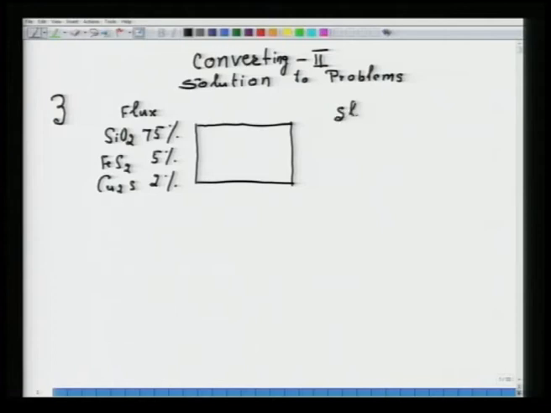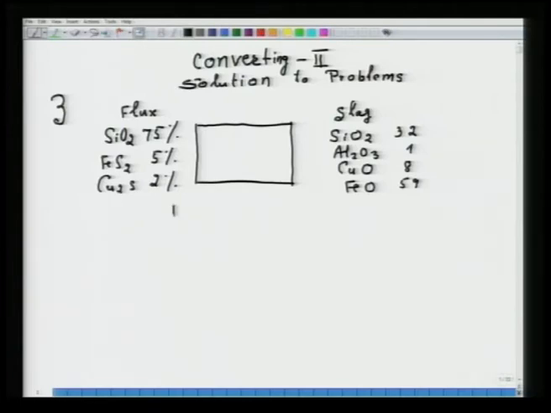It is said the slag has a composition of SiO2, Al2O3, CuO and FeO. SiO2 is 32, Al2O3 is 8 and FeO is 59. So, now we have to calculate the time for partial blow.